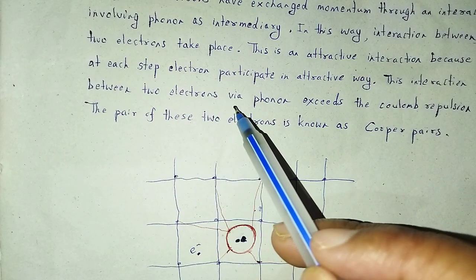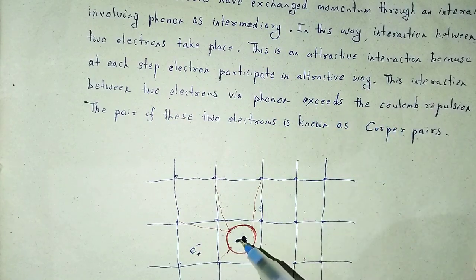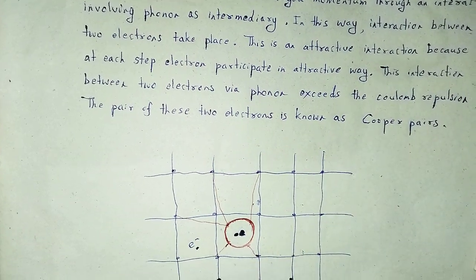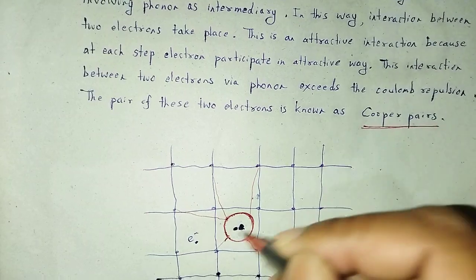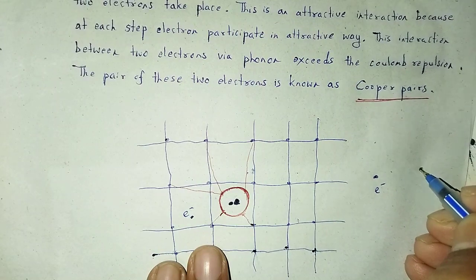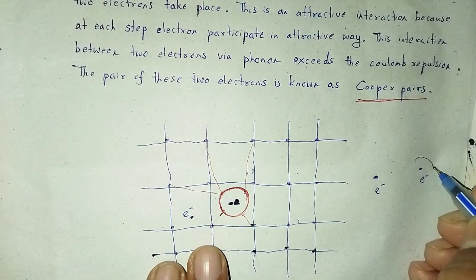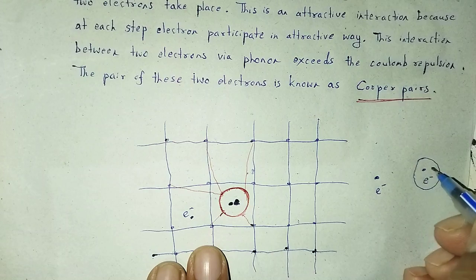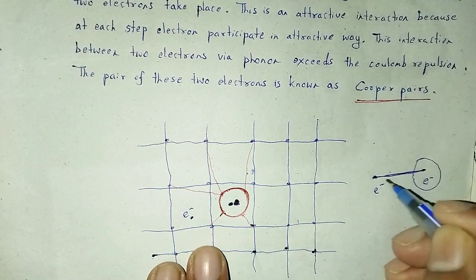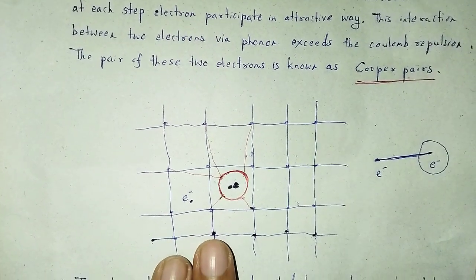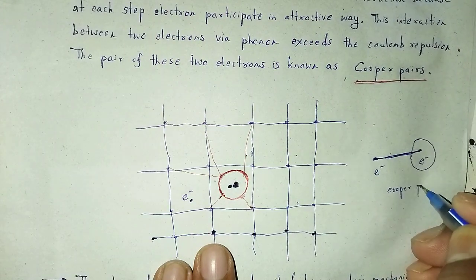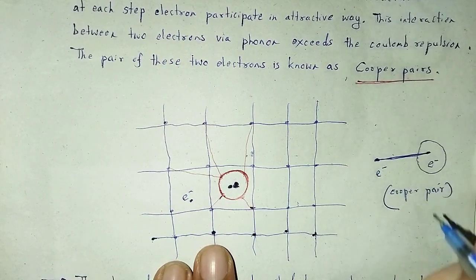The interaction between two electrons by the phonon exceeds the Coulomb repulsion, and the pair of these two electrons is known as a Cooper pair. Here is an electron, and here is the positively dense charge, which is known as a phonon. They interact with each other, and that electron pair is known as a Cooper pair.